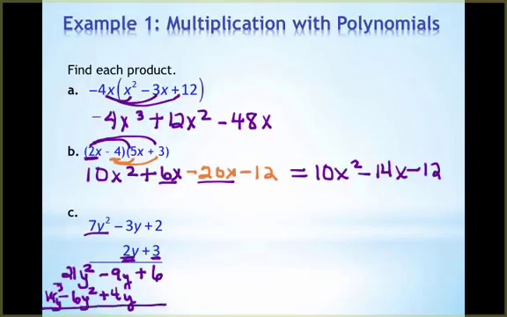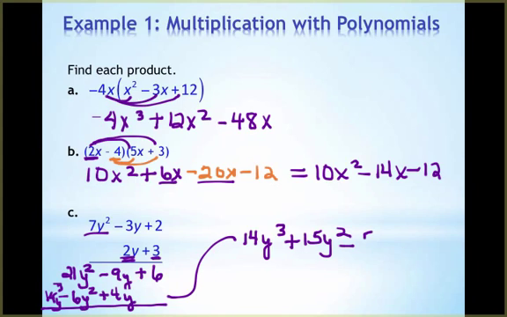And now we've got everything lined up, we can just combine like terms. So since there's nothing with our y cubed, we just have 14y cubed. 21y squared minus 6y squared would be plus 15y squared. Negative 9y plus 4y would be negative 5y. And then the 6 just comes down because that's the only constant.